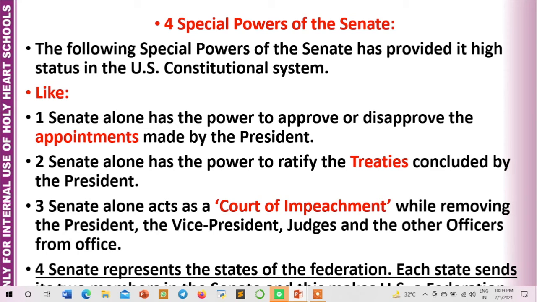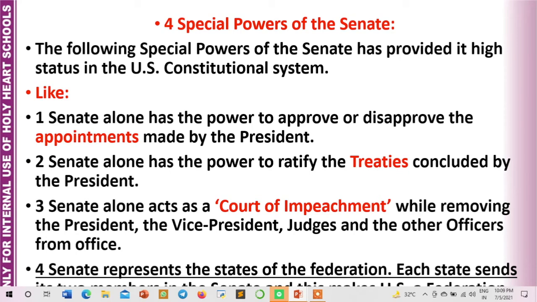This is the point we have just done. The appointments made by the president need the approval of the US Senate, and the Senate alone has the power to ratify the treaties concluded by the president, and the Senate alone acts as a court of impeachment while removing the president, the vice president, judges and other officers from office.